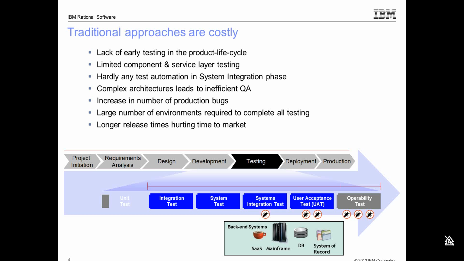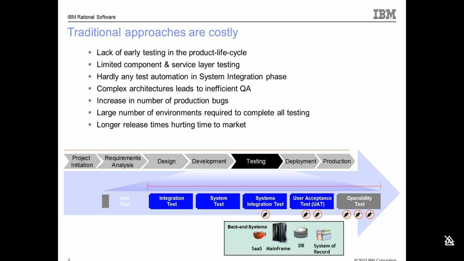We'll see what happens now in a typical development environment where there are multiple developers contributing towards a particular project. What happens when their code starts getting integrated? We spoke about the complex architecture because of which we cannot really test every single endpoint of our systems today, causing inefficient quality assurance at that point.